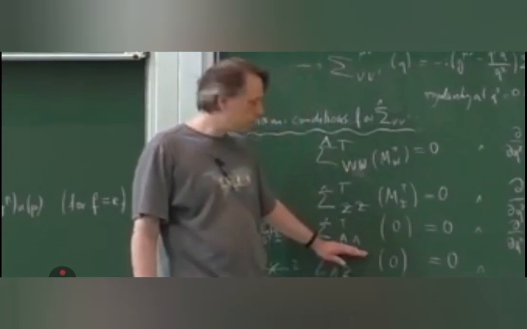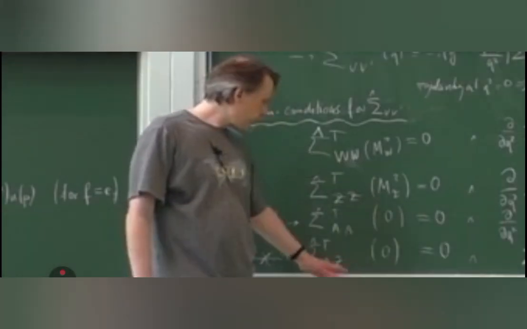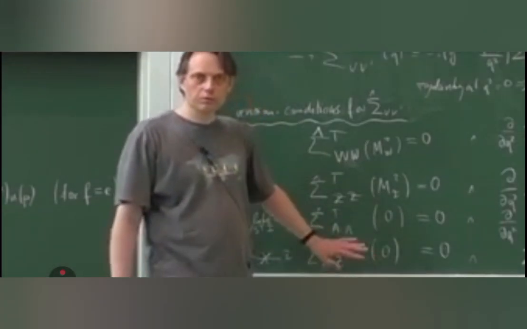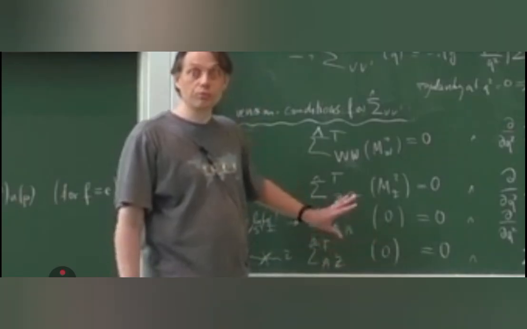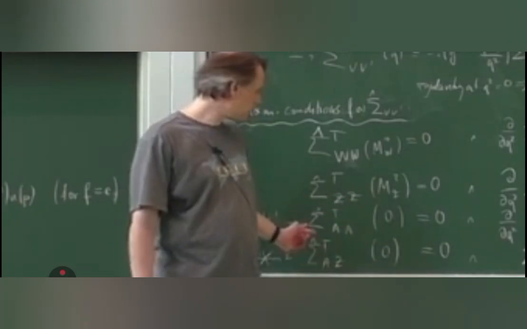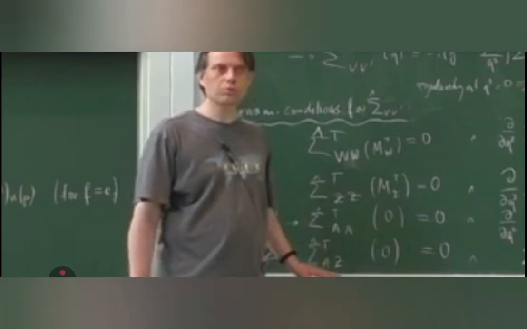So another thing about infrared divergences is that, for example, conditions like this, photon mass equals 0, mixing 0 at p square equals 0, those are infrared safe to impose, and the green functions which need to be calculated at p square equals 0 do not involve infrared divergences.